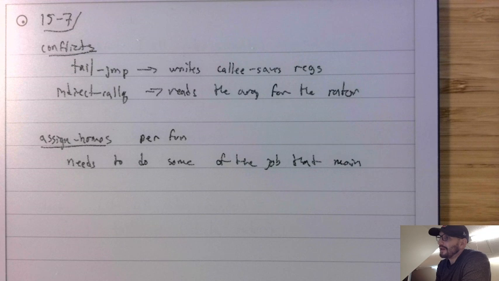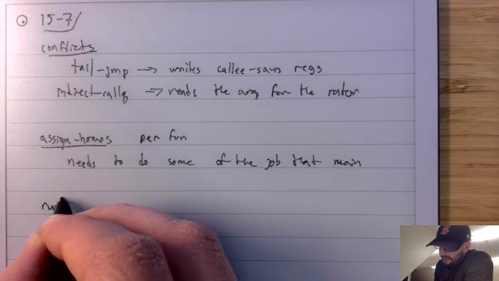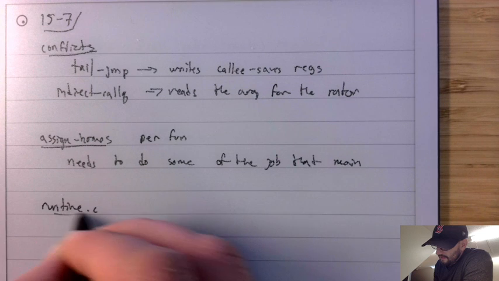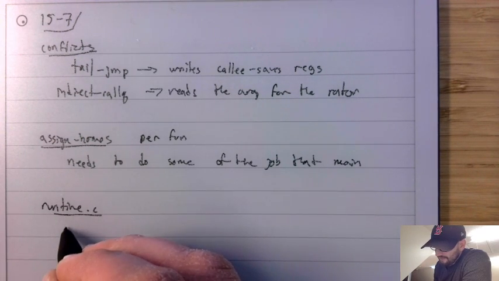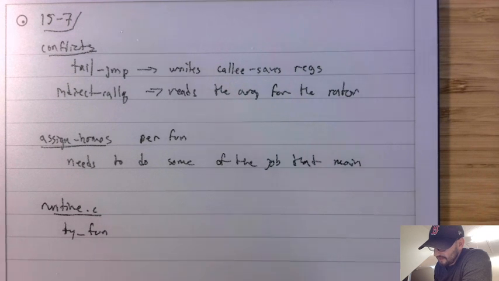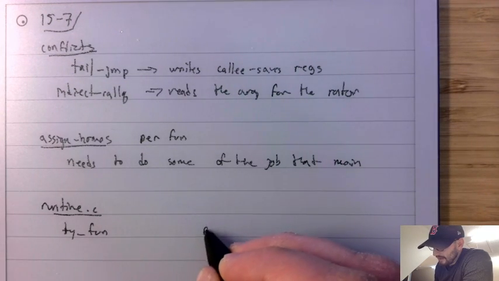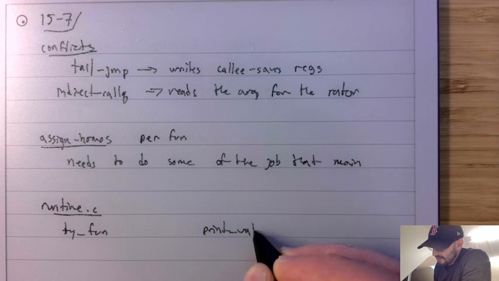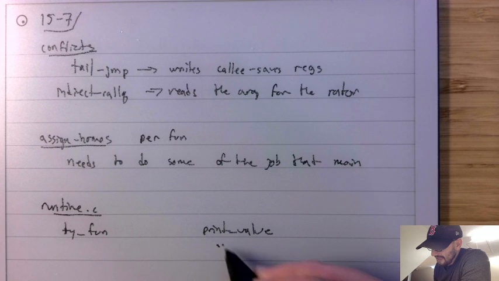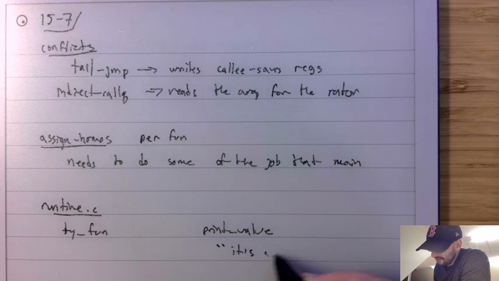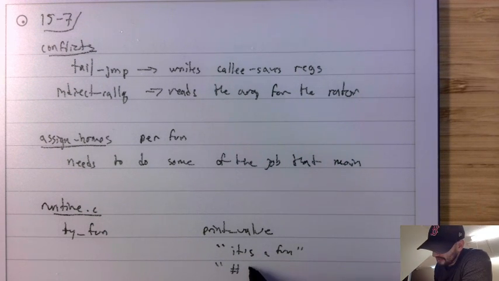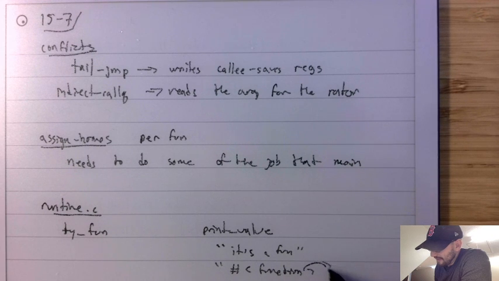Oh yeah, one of the things you're going to need to do is update your runtime, because it's going to have a new type for a function, and you'll have to have some way of printing out functions. My advice is to just print out a function as something like, it's a function. Don't actually say what it is. I use the syntax hash sign bracket function. And sometimes I might print out what the type is, just as a helpful debugger.